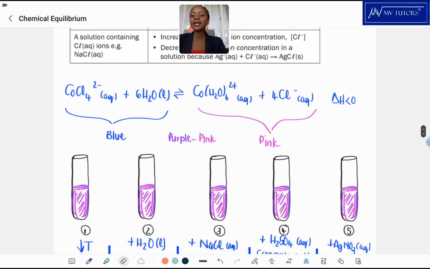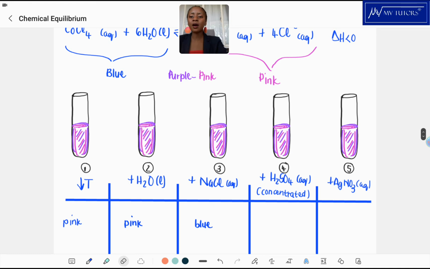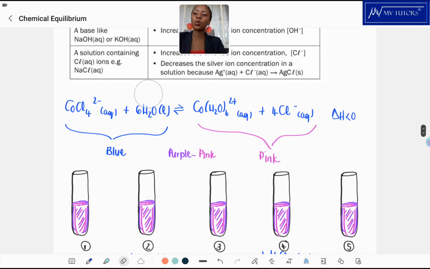Now we are adding concentrated sulfuric acid. What did we say about concentrated sulfuric acid? It causes dehydration. So what are we doing? We are taking away the water; we are dehydrating it. If you take away from the reactants, what does Le Chatelier say?